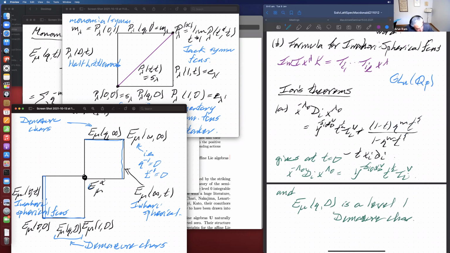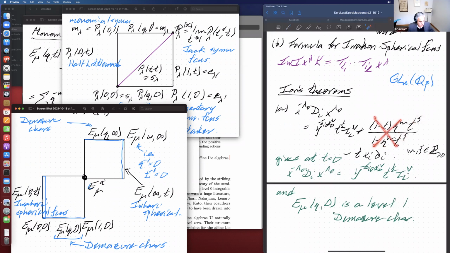I forgot to mention that part of the reason that we know this is because these two numbers are positive. You want to make sure that this vanishes when t is 0. And as long as you know that that exponent is positive, then that will vanish at t equals 0.